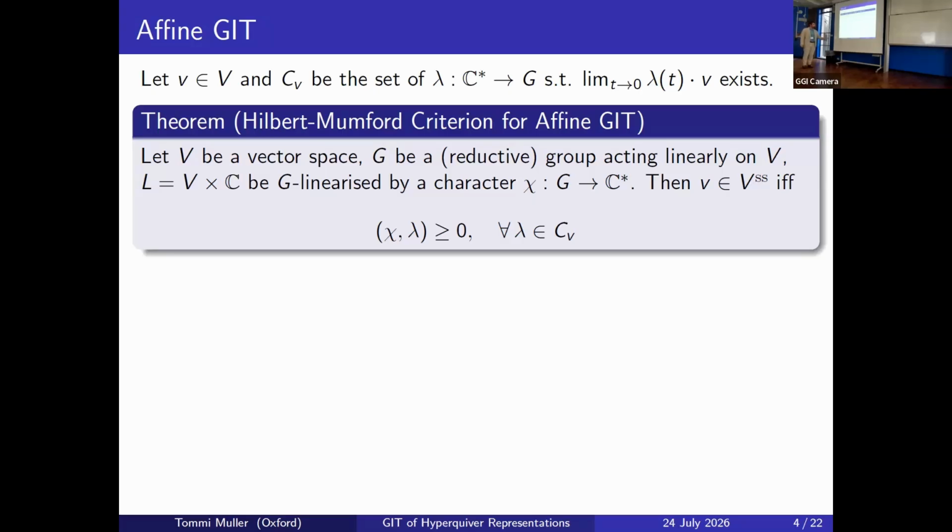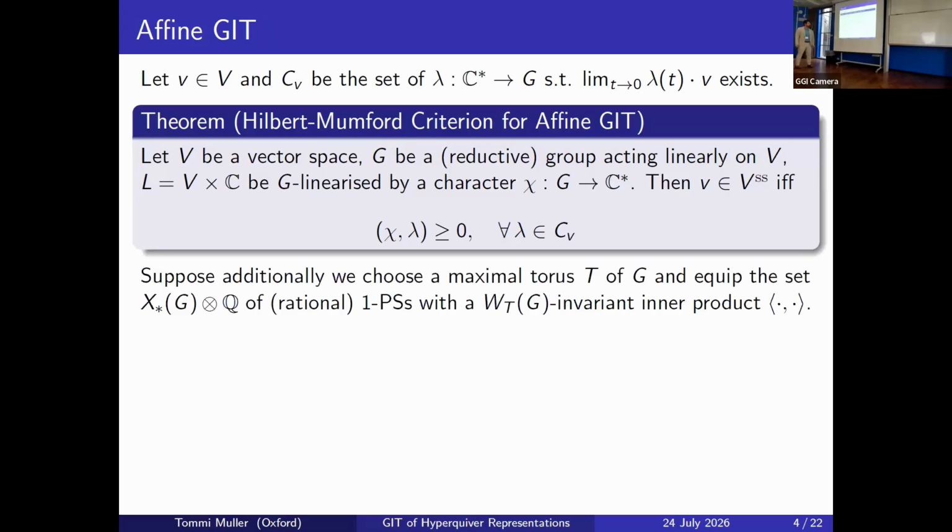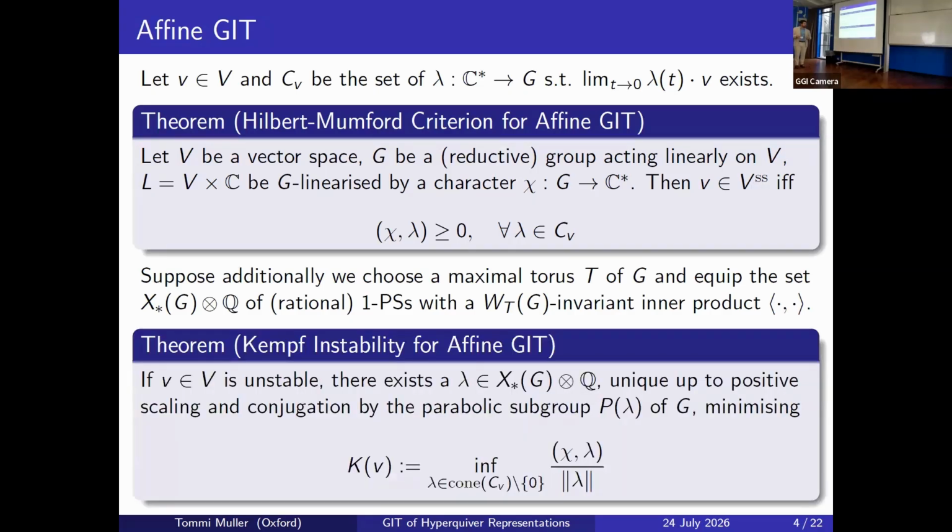So that's semi-stability. What happens if a point is unstable? If we have some notion of how badly a point is unstable, so we have an inner product on the one parameter subgroups, which we extend over Q, they become rational one parameter subgroups. Then we can measure the extent to which a point is unstable.